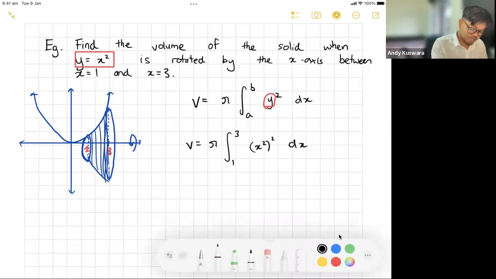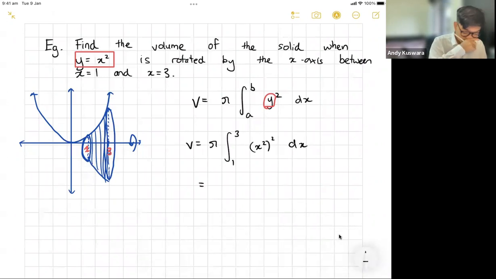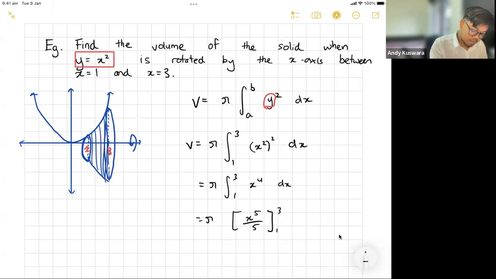Okay, so now we just integrate as usual. I'll leave the pi at the front to make my life easy. And then that's just going to be the integration of x to the 4 dx. And so that becomes pi times x to the 5 on 5, by integration between 1 and 3.